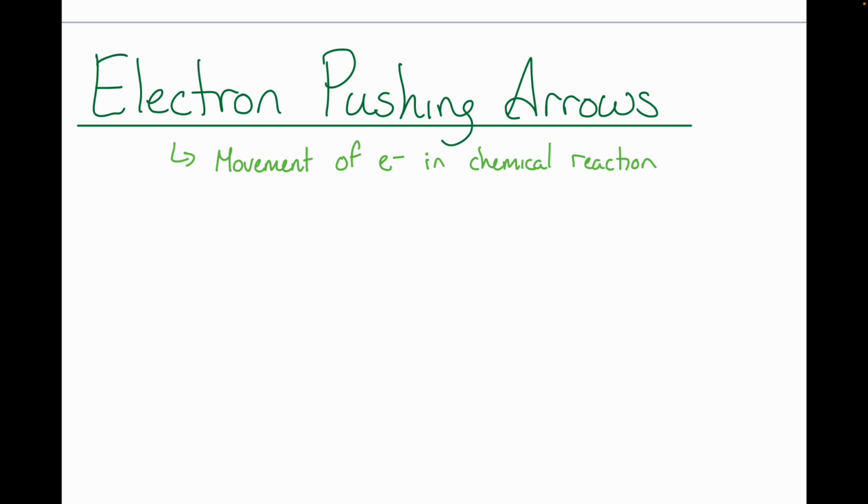We're in organic chemistry, so we're specifically talking about covalent compounds. A chemical reaction is going to be making and breaking covalent bonds, right? That's what we're doing in every chemical reaction that we're talking about. We're making and breaking covalent bonds, which really means we're shuffling around those electrons, shuffling around who's bonded to who. And that's what our electron pushing arrows are going to help us show, or rather, how those electrons are moving in a chemical reaction.